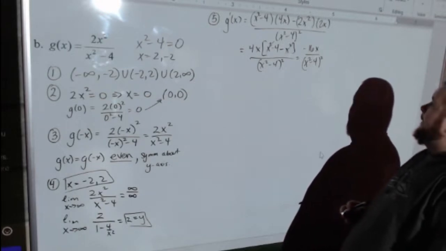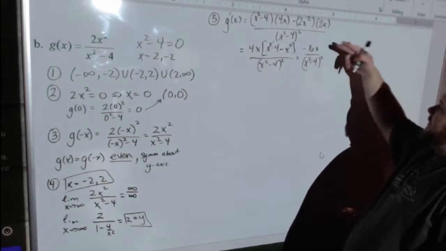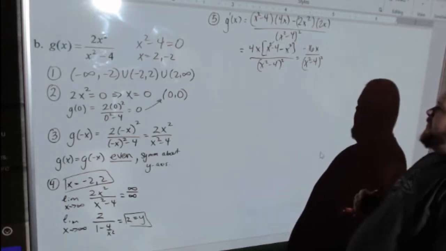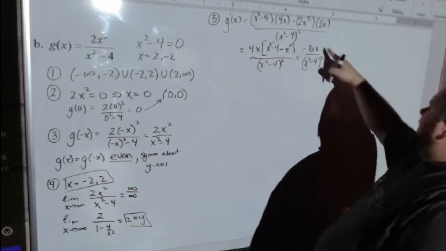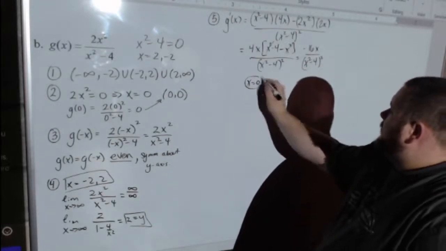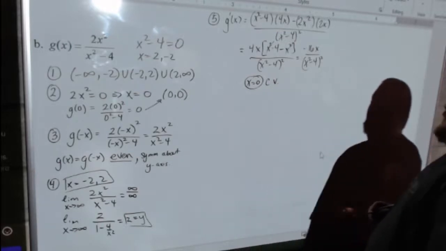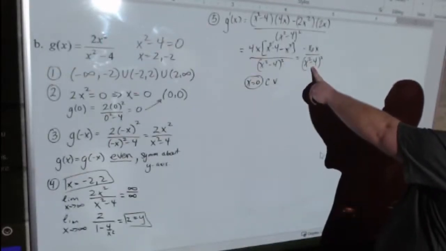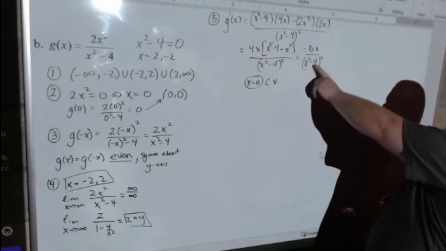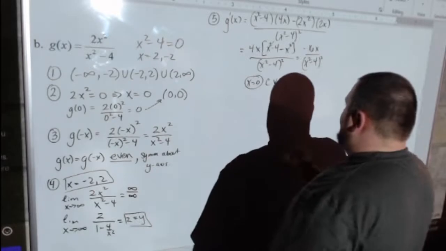Then to find my critical numbers, I would set the numerator and the denominator to 0. Setting the numerator gives me x is 0. And setting the denominator, even though it's squared, if I set it to 0, it's just going to give me back 2 and negative 2 again.